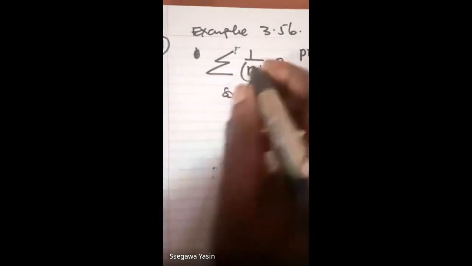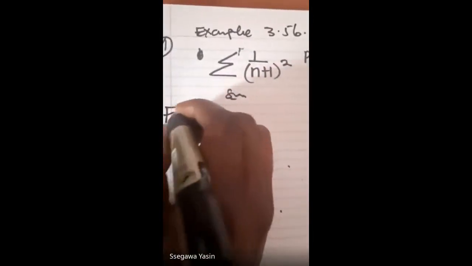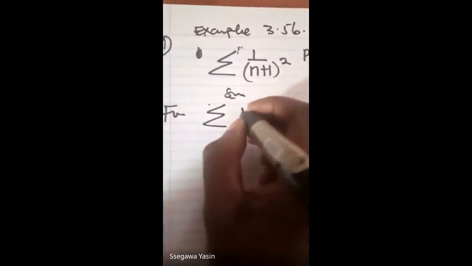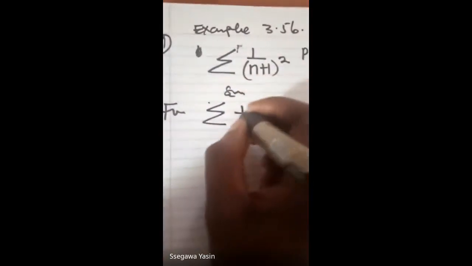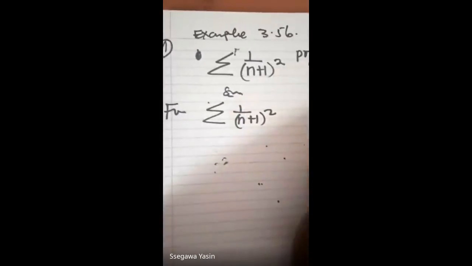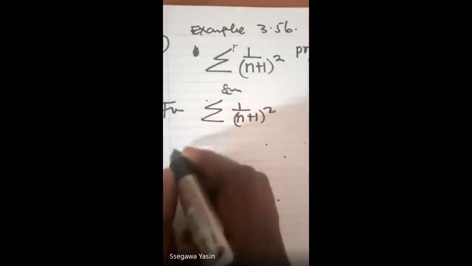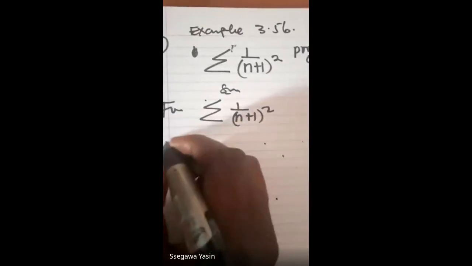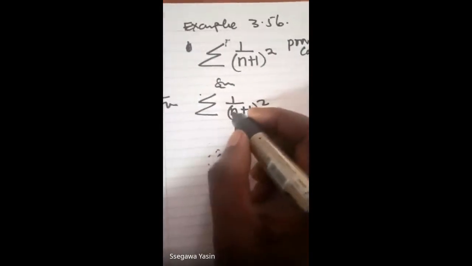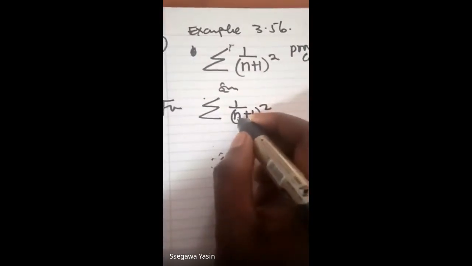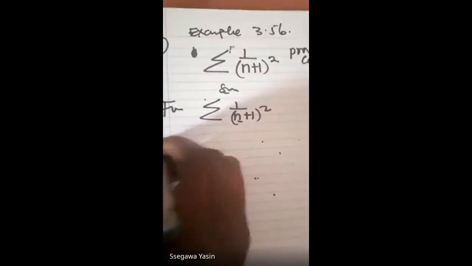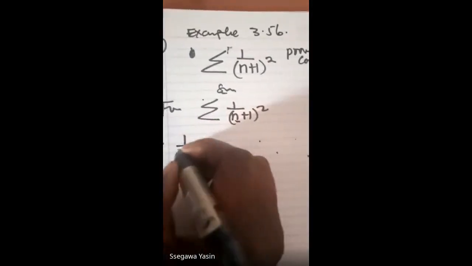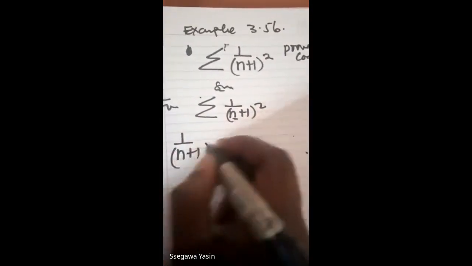Now, this is from summing up 1 over (n plus 1) squared. You are free to take k or n. So I'm picking my sequence from here, and I'm going to have 1 over (n plus 1) squared.